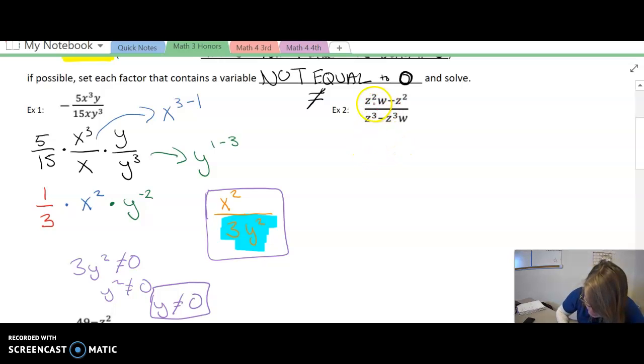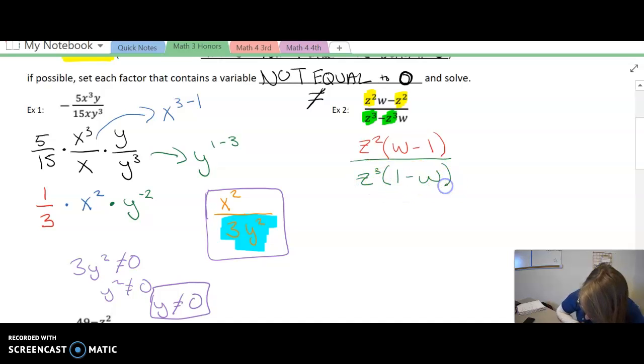Looking at these terms, I can take out a z squared from both of these terms, and so I would rewrite it as z squared times w minus 1. Then if I look at my denominator, I can do something similar as well. I can take out z to the third. So we have z to the third, and then 1 minus w.